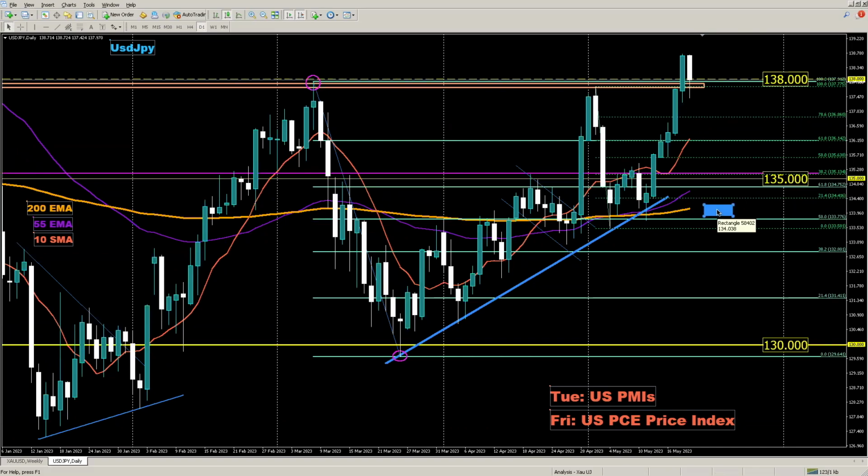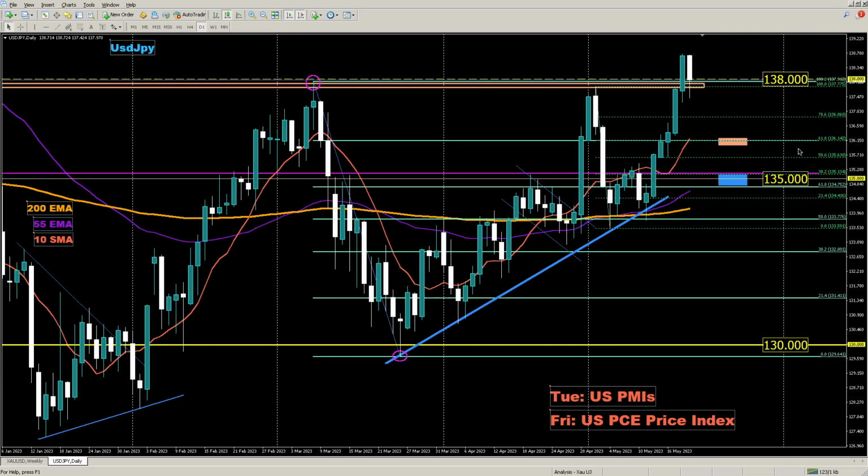Can move the support now up to 135. The 62 fib is, and there's also another potential interim support at this 62 fib.